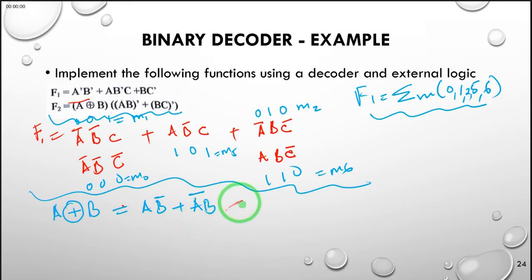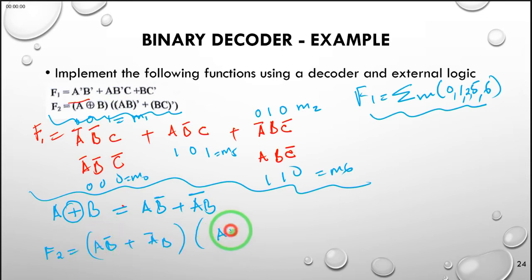And therefore, we can open this bracket and say that F2 is going to be given by A B bar. We can still apply De Morgan's theorem like we learned. This is like that, and this is BC bar like that.